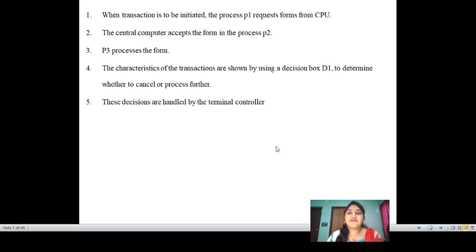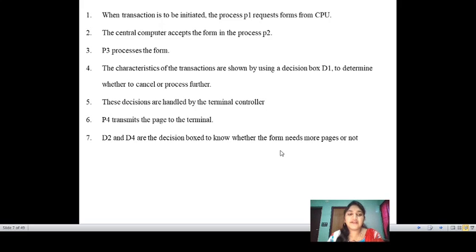These decisions are handled by the terminal controller, and process 4 transmits the page to the terminal. Decision 2 and decision 4 are checking decisions, to know whether the form needs more pages or not. Then D3 is the decision for the structure of the form to validate the input.